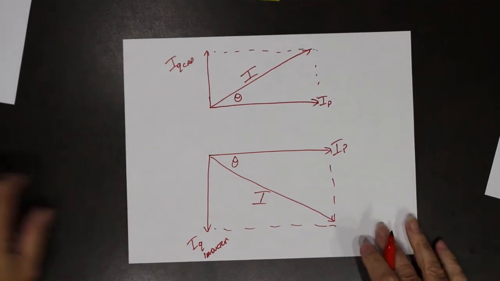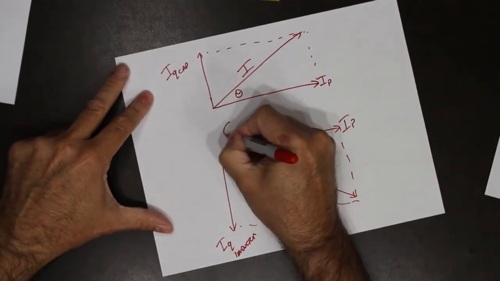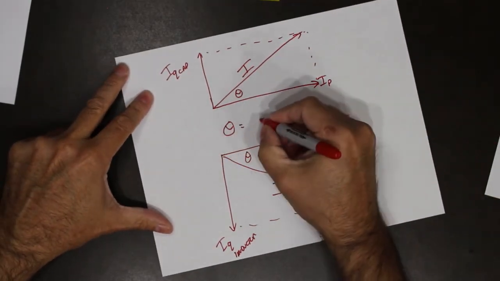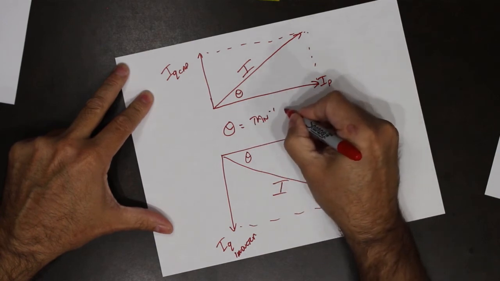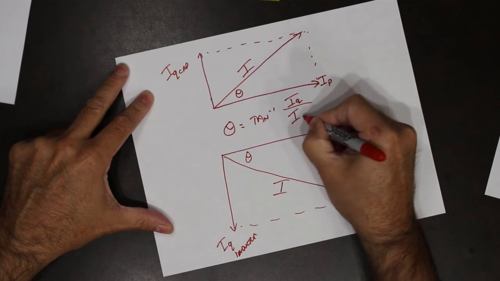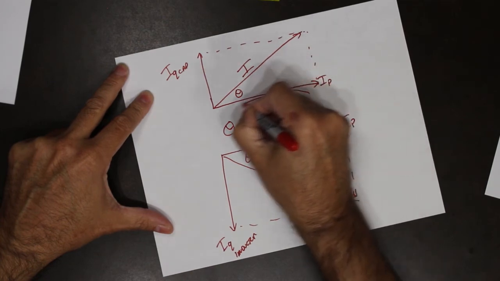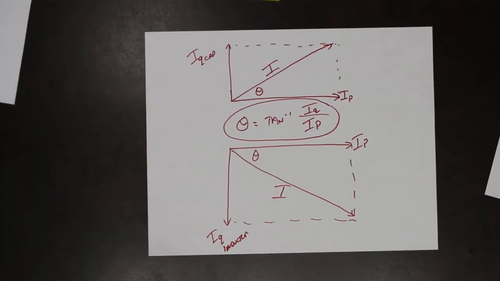Calculating that phase angle, again, the phase angle is equal to tan minus 1 of IQ over IP. So calculating the phase angle, again, it's the same formula.